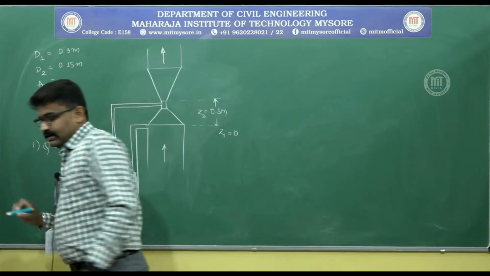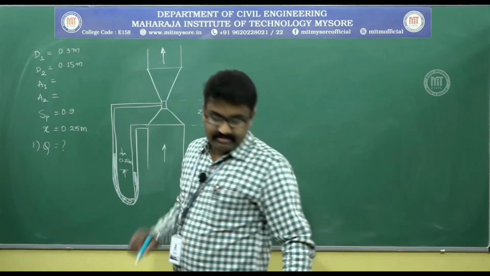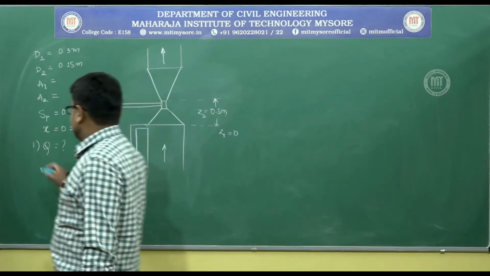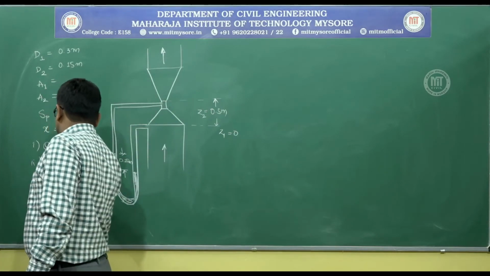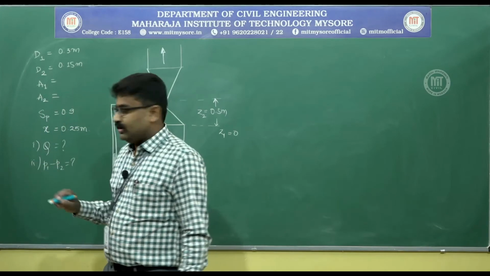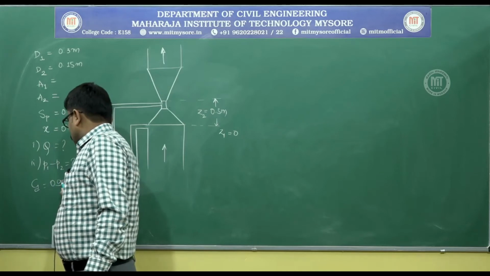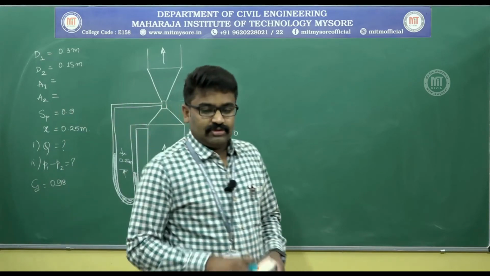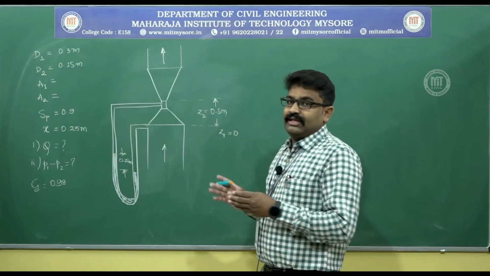How much is the discharge? And the second question is to find out the pressure difference between the entrance and exit. You will have to find out P1 minus P2. And he has given you that the coefficient of discharge is 0.98.